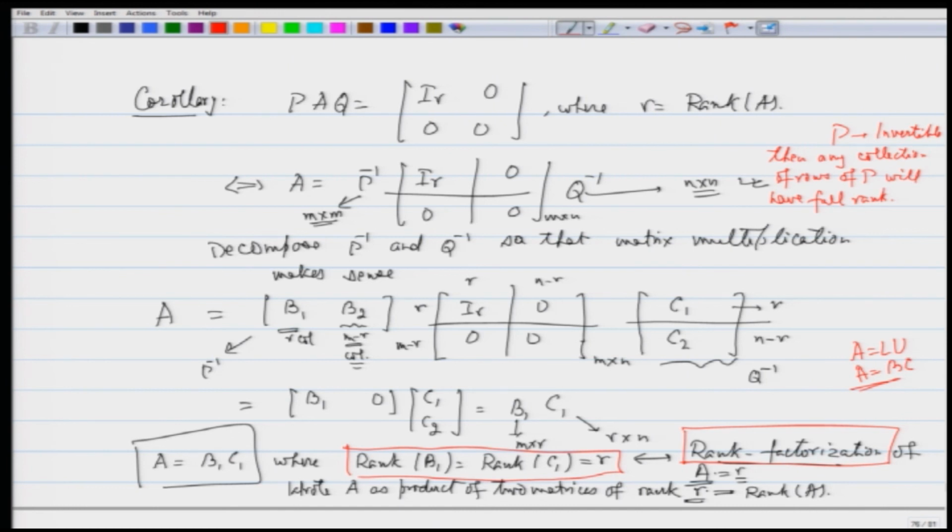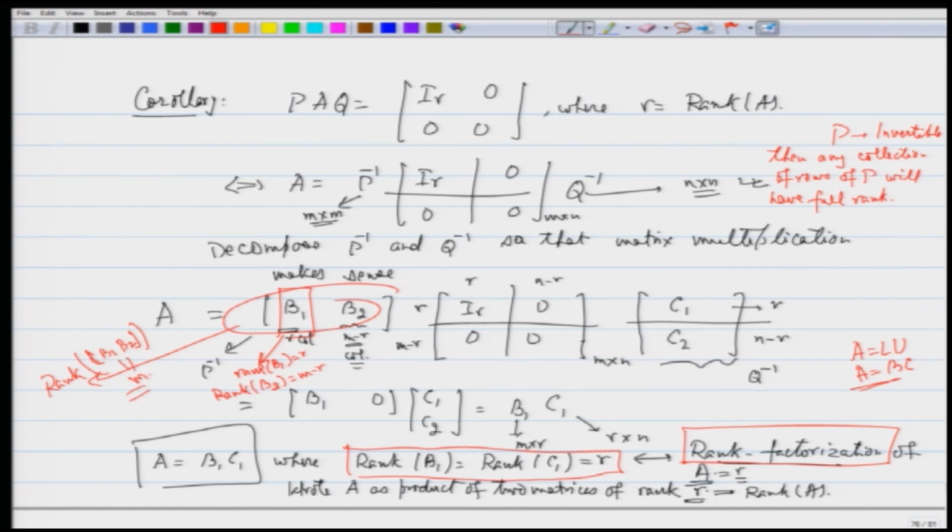That is important. So, here look at this, the rank of B1 will be R and the rank of B2 will be M minus R, because the rank of this whole matrix, B1 B2, is M, all right.